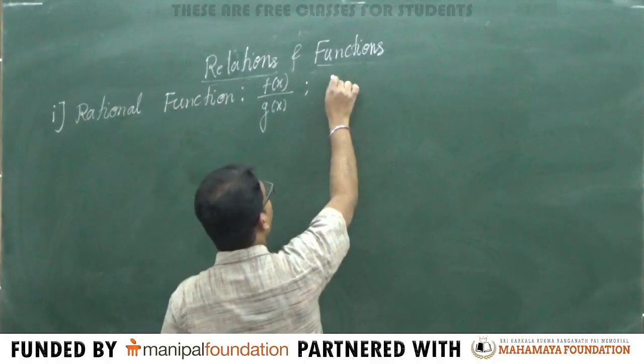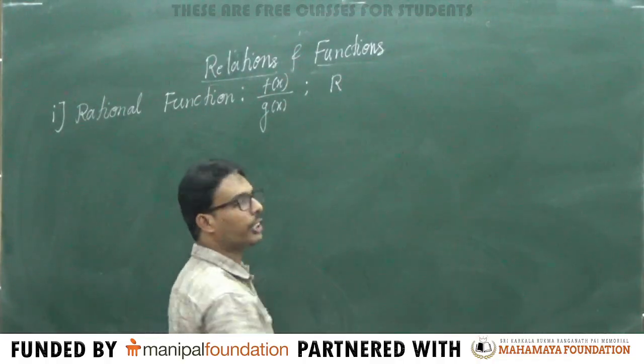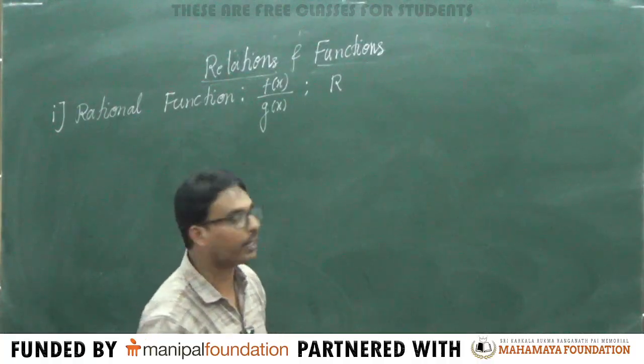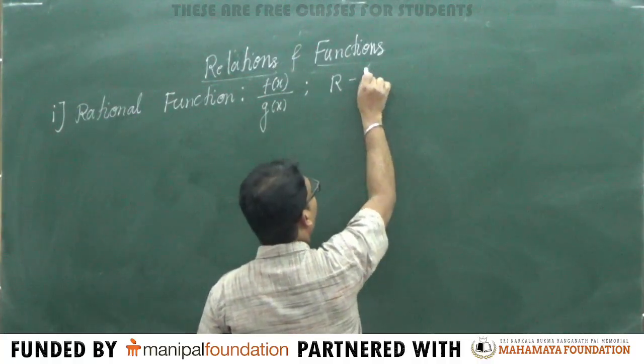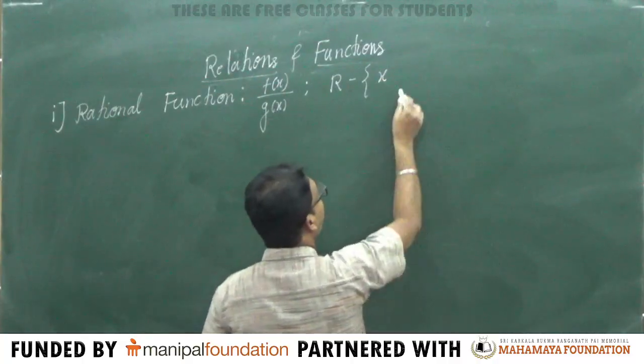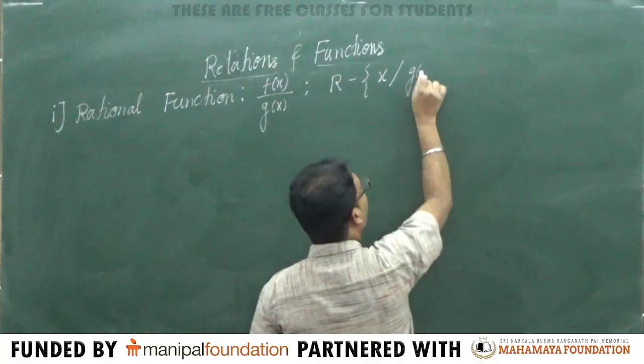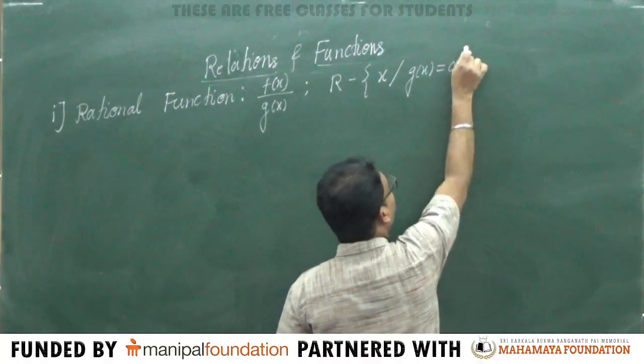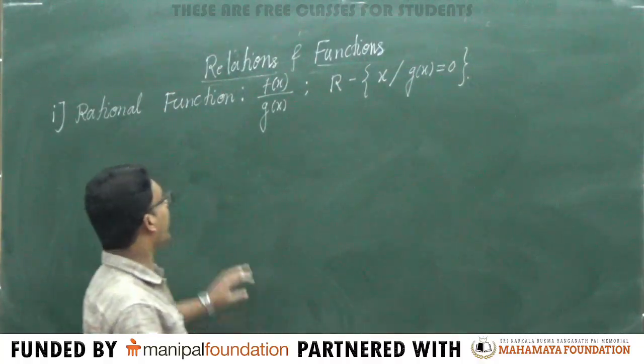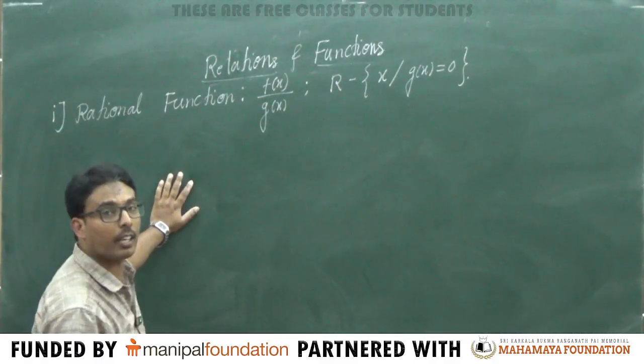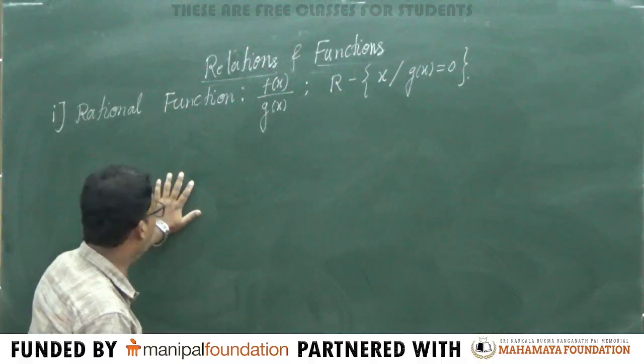Therefore, the domain is the set of all real numbers, excluding the real numbers for which the denominator becomes 0. So that is the idea to find the domain of a rational function.